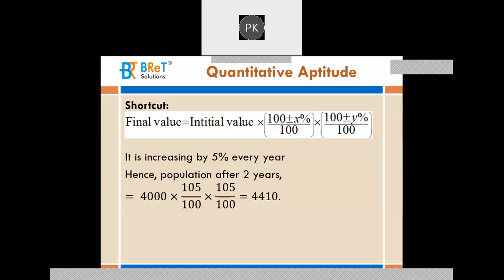Then find the selling price of the article.